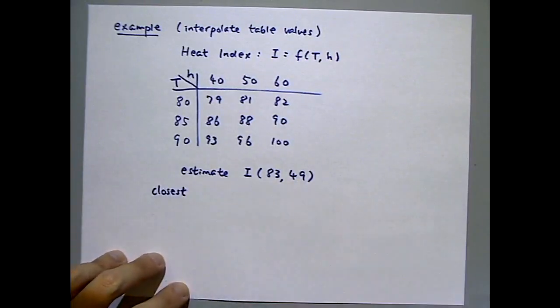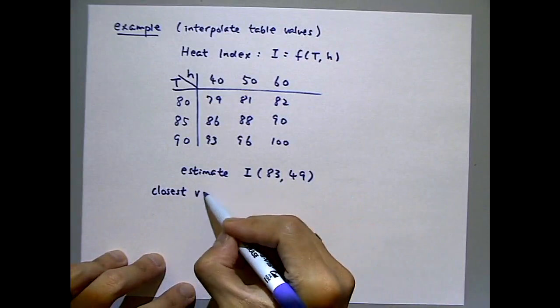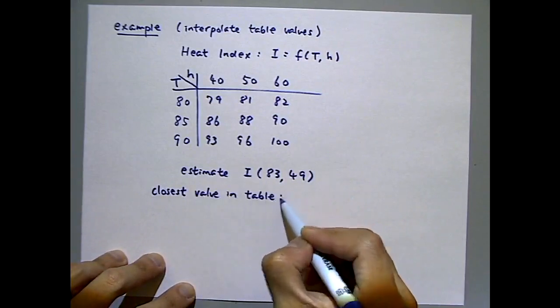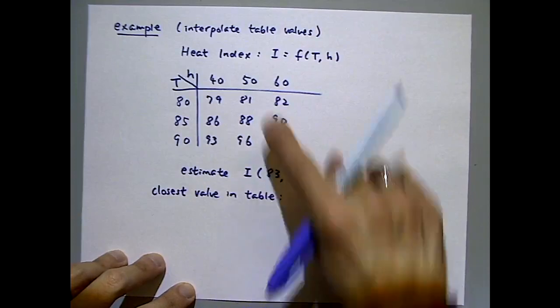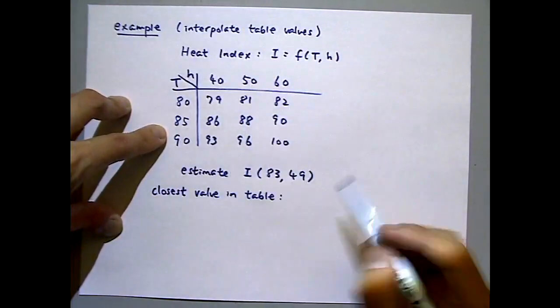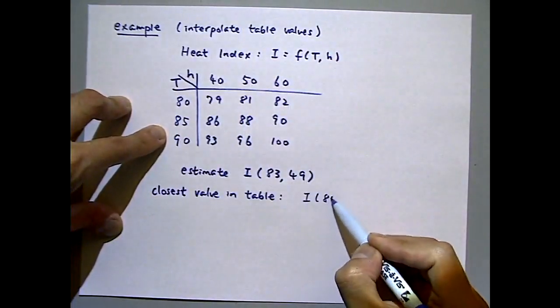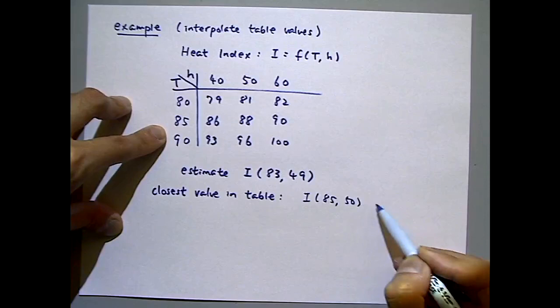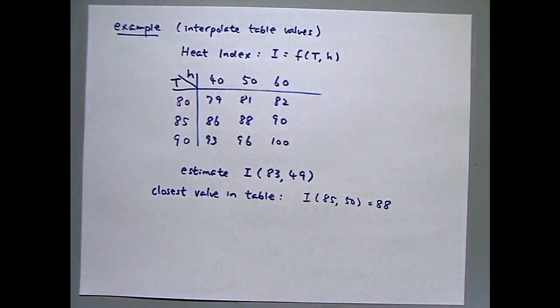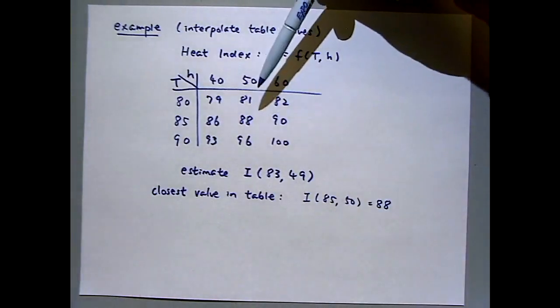So first thing is we find the closest value in the table. For 83, 49, of course 85, 50 is the closest. Okay, so we're going to base the change on the tangent plane using that point.